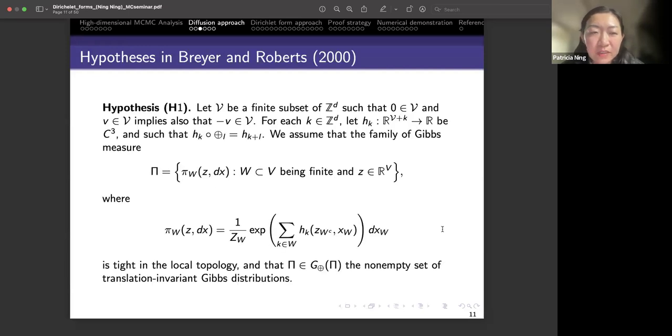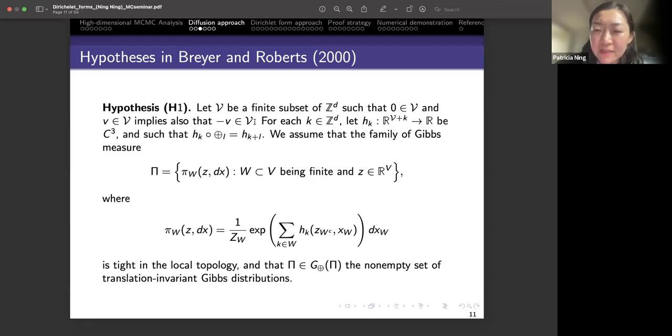So now let's take a look at the hypotheses in the diffusion approach. H1: let curly V be a finite subset of Z^d. They consider the graphical structure as a Z^d lattice, such that 0 is in this set, and for any set V in curly V, negative V is also in this set, so you can see this set is quite symmetric.